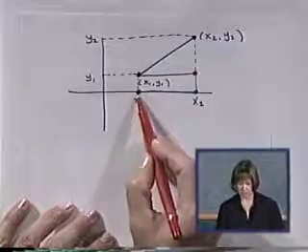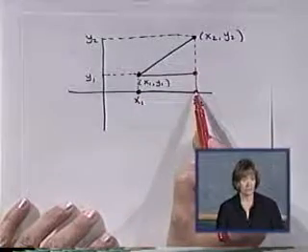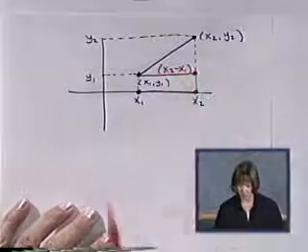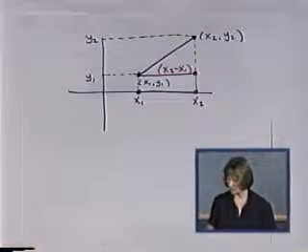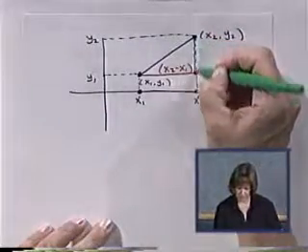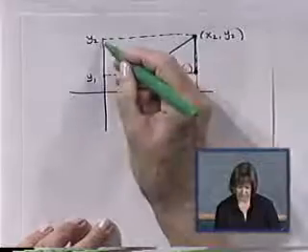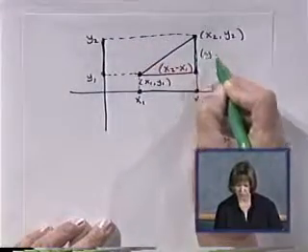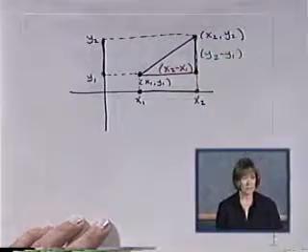Now, I think most of you would agree that the distance from here to here, I'm going parallel to the x-axis, is the same as the distance from here to here. And what is the distance from point x1 to point x2 on the x-axis? Well, I think it would be parentheses x2 minus x1. And I think most of us would agree that the distance from here to here is the same as the distance from here to here. And the distance from y1 to y2 is y2 minus y1.